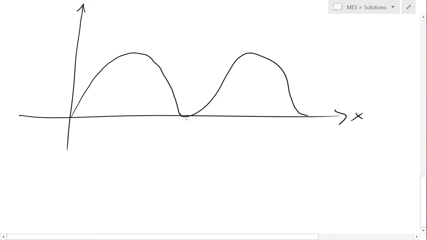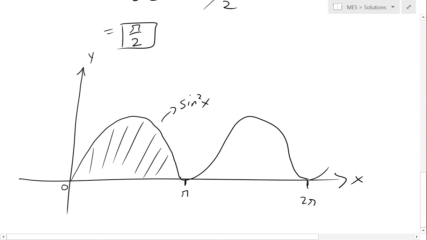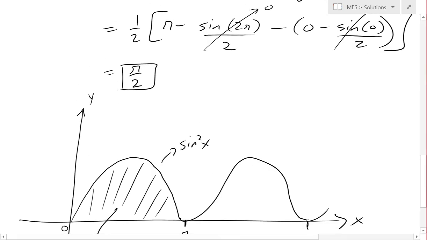This point is pi, this is 2 pi, and it keeps going on, but since we're dealing with 0 to pi, this is sine squared of x. We evaluated the area underneath sine squared of x from 0 to pi, and this area is equal to pi over 2. That's what we solved using the integral.